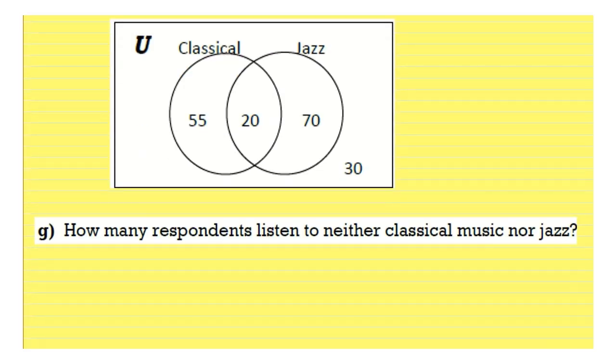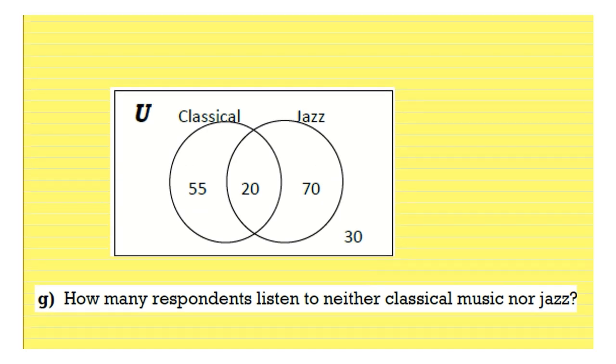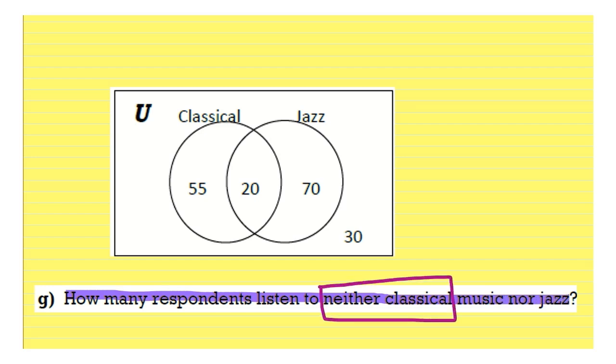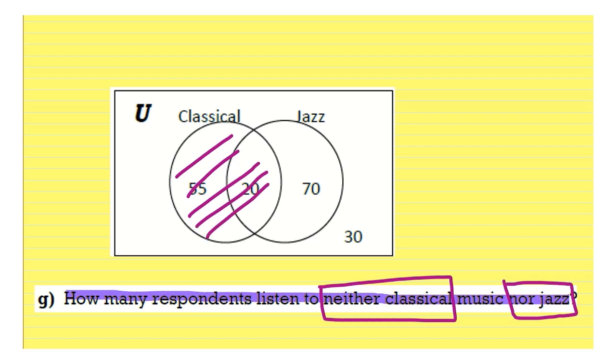Okay. Our next question says, how many respondents listen to neither classical music nor jazz? So again, neither classical nor jazz. That means we need to ignore everything in the classical circle, and we need to ignore everything in the jazz circle as well.